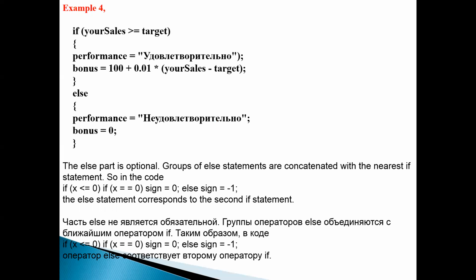So, in the code, if condition x less or equals 0, if x equals 0, sign equals 0, else sign equals -1. The else statement corresponds to the second if statement.